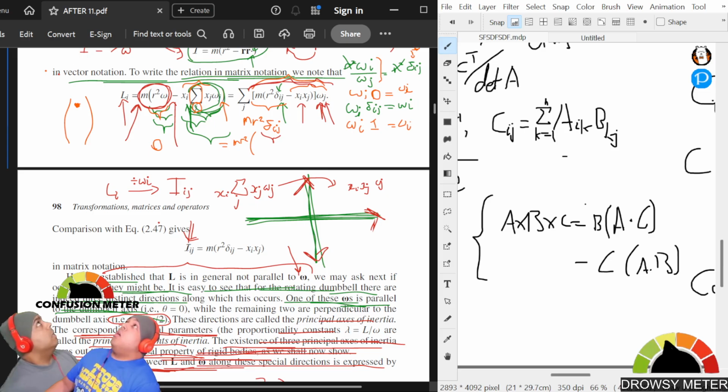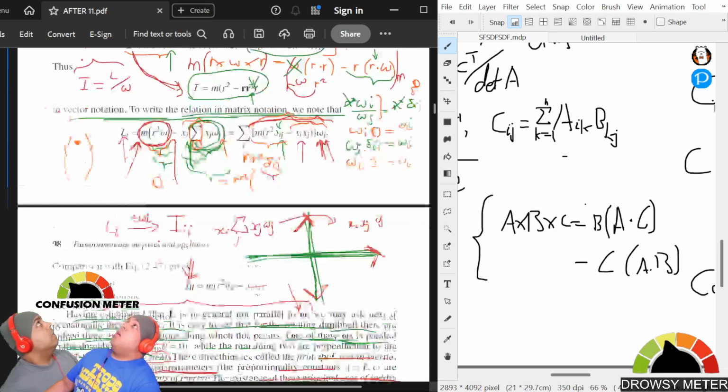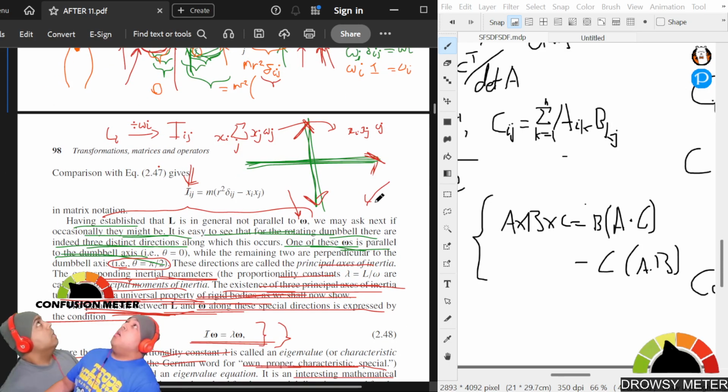Oh, omega cross R. Omega cross R lies in the plane perpendicular to omega and R. Now you cross that with R, you get, okay, omega cross R, we have this direction here.